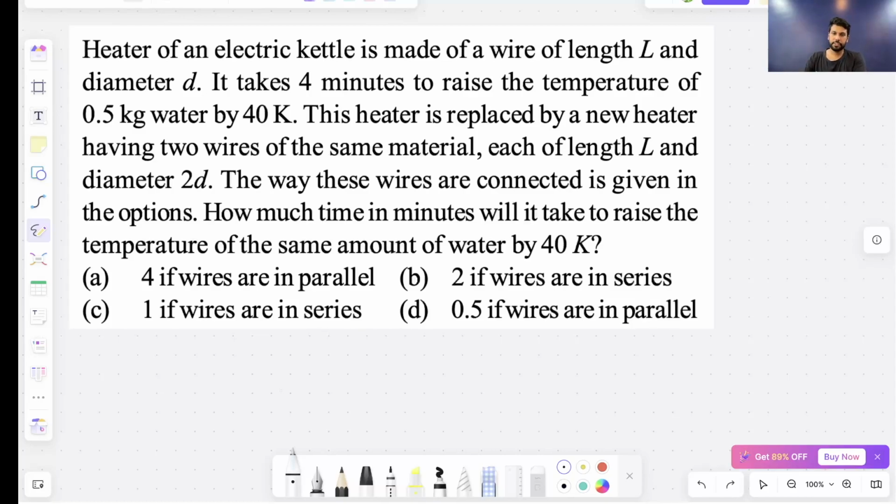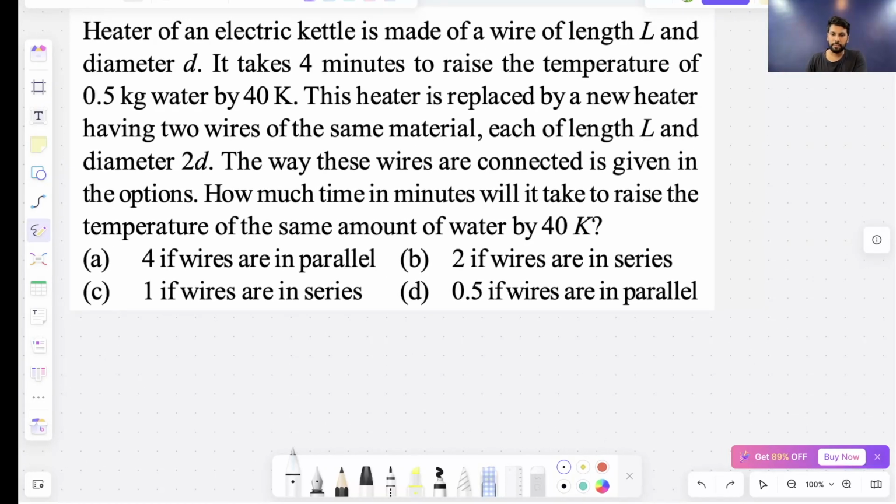So first understand the situation here, students. Initially you have a heater, and in that heater you have a wire of length L and diameter D, and using that particular wire you are heating.